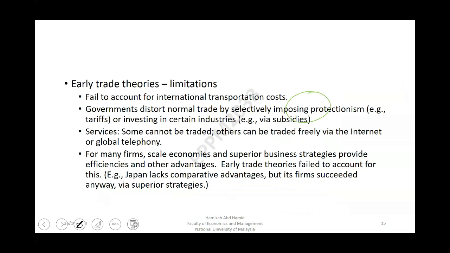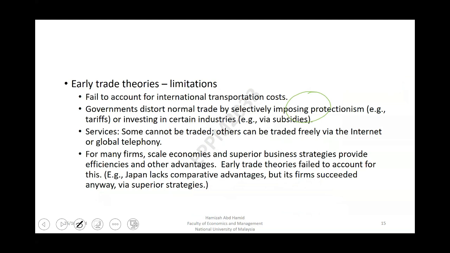So we can take some principles of the early trade theories, but we cannot use them 100%. They also did not account for services. Some services cannot be traded. Some services can be traded. And for many firms, scale economies and superior business strategies will provide efficiency and other advantages, but early trade theories fail to account for this.